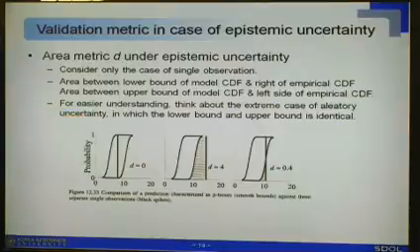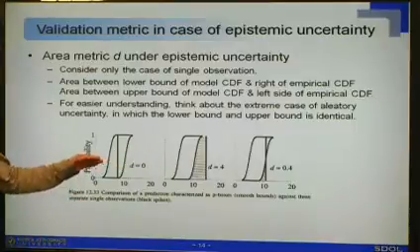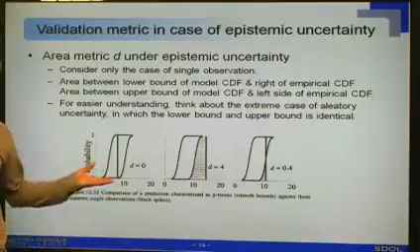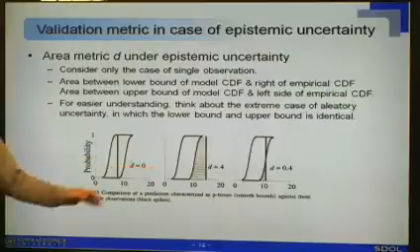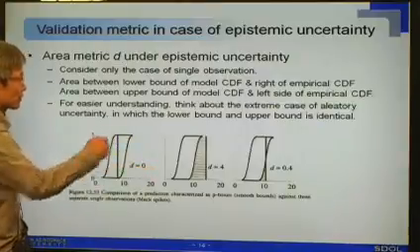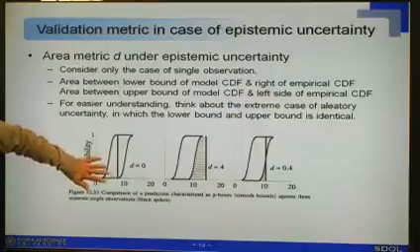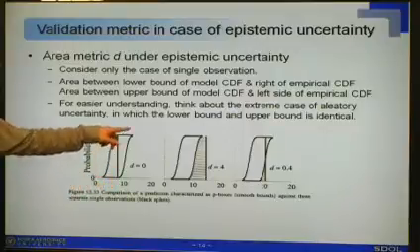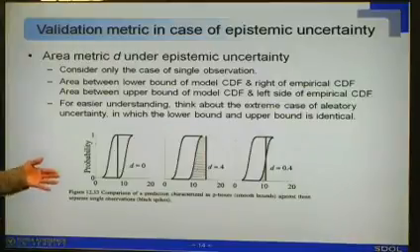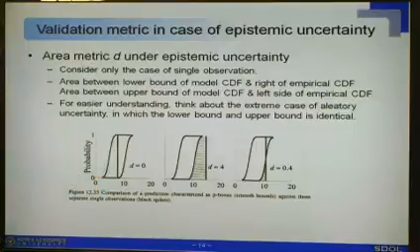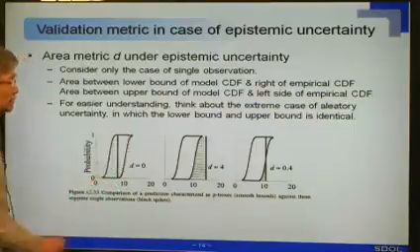Explaining it theoretically is much more difficult. Explaining using some cases as shown in this figure is easier. So just take a look at this. We have results from a mixture of aleatory and epistemic uncertainty, so we get a P-box like this. We have experimental data. Just as an example, we have only one data point, so the empirical CDF will look like this.